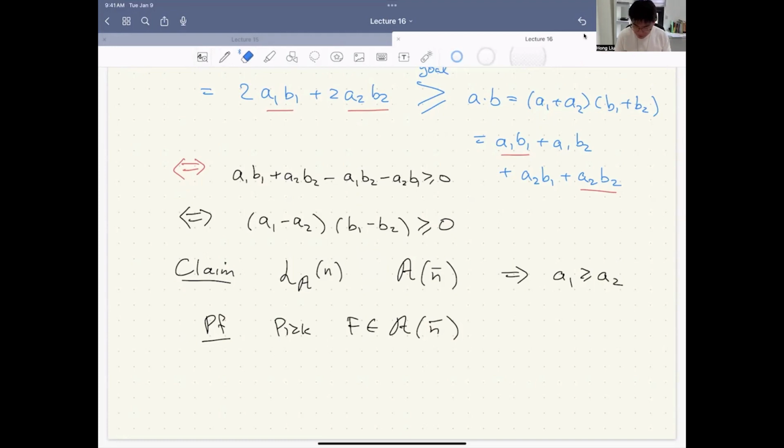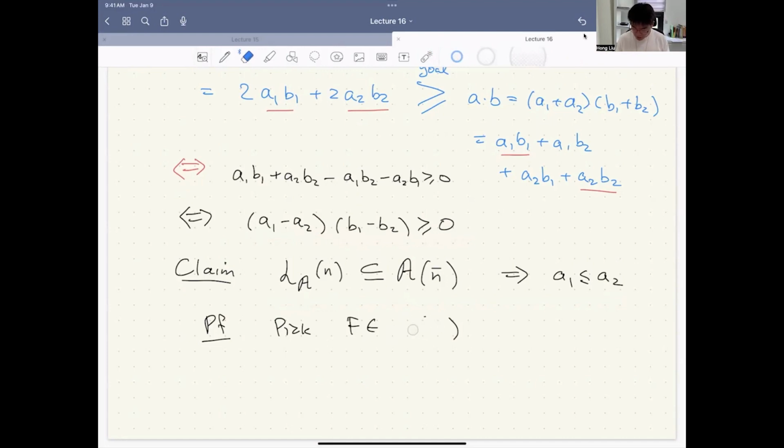It's the other way. Sorry. At most. So similarly, we can prove B1 is at most B2. So you have negative, negative, you get positive, all right?